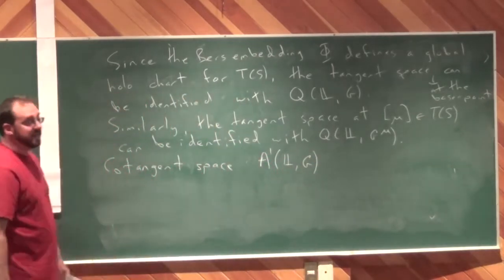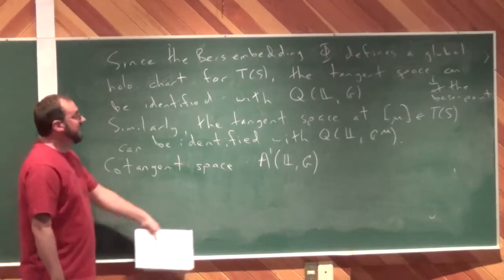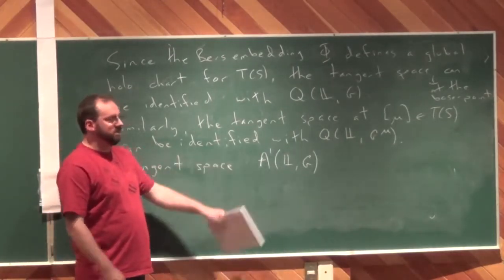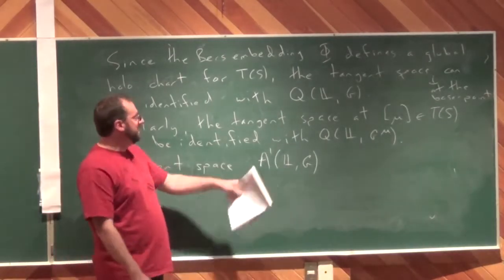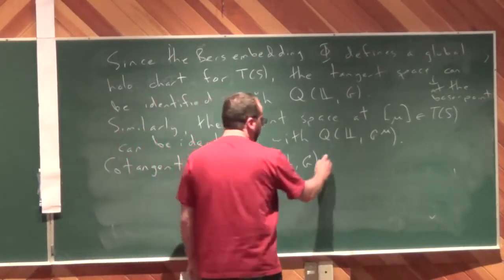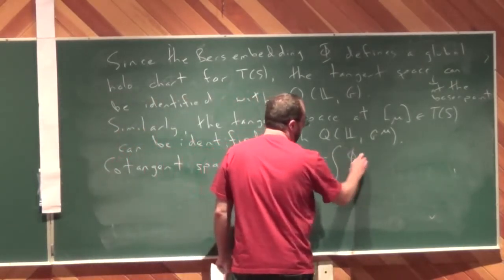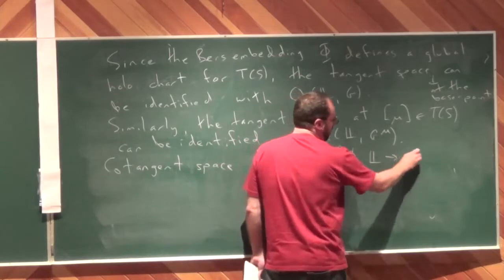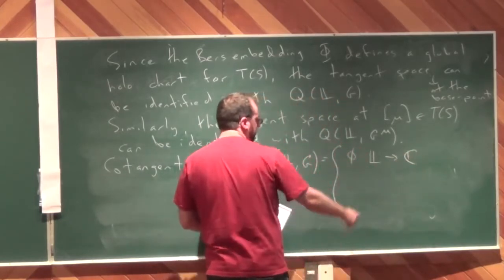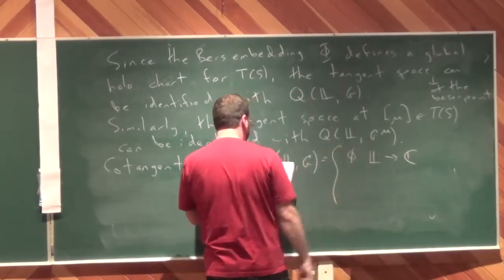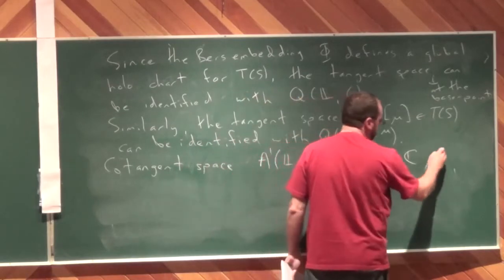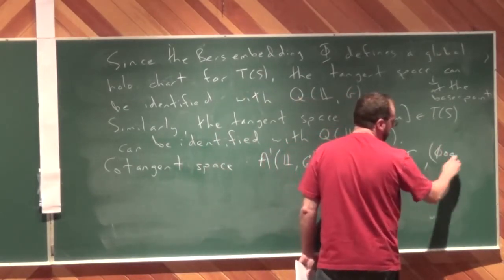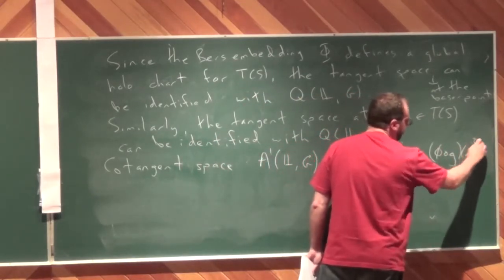I think I briefly mentioned it last time. The A is because this definition involves an area integral, or it's absolutely integrable. It's a space of holomorphic quadratic differentials, well, holomorphic functions on the lower half plane which satisfy the G invariance for being a quadratic differential.